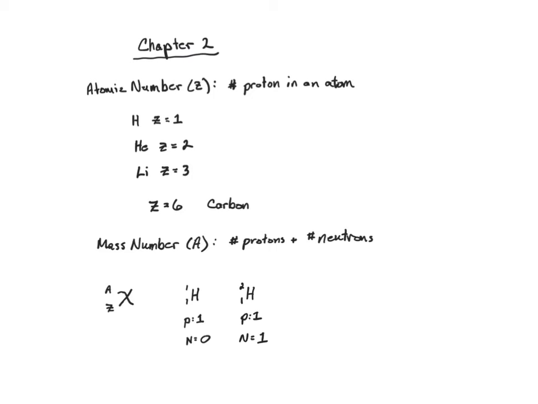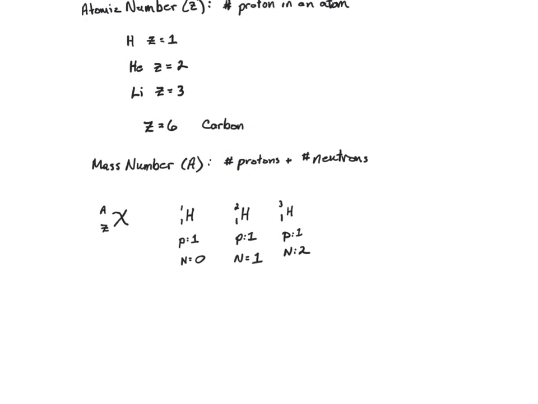And there's yet a third type of hydrogen, which has a mass number of 3, and again, an atomic number of 1. So we have 1 proton and 2 neutrons. These 3 versions of hydrogen are what we call isotopes.